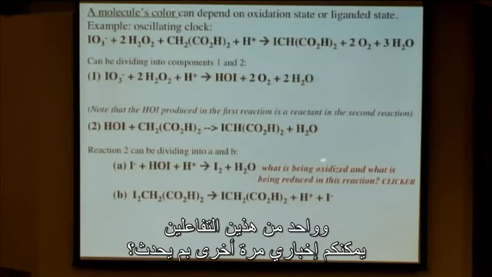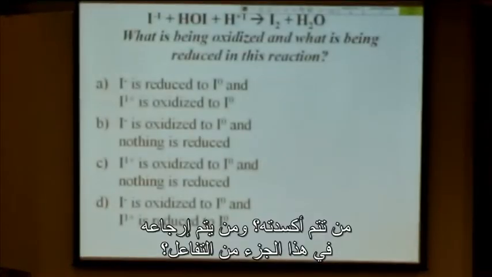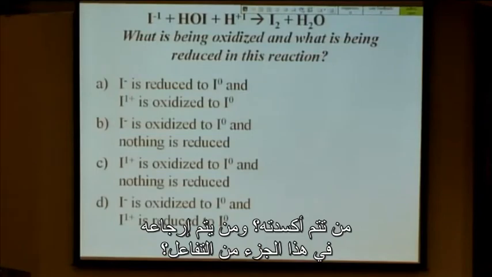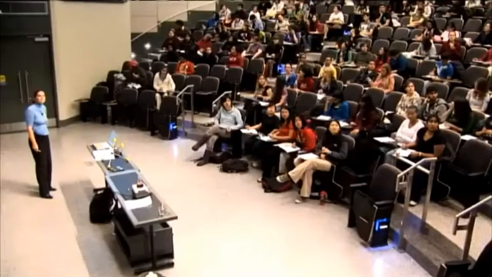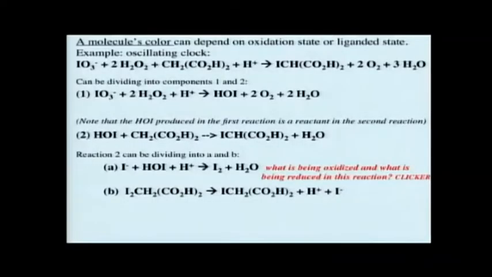And for one of the reactions, you can tell me again what is being oxidized and what is being reduced in this part of the reaction. Okay, let's just take 10 more seconds.